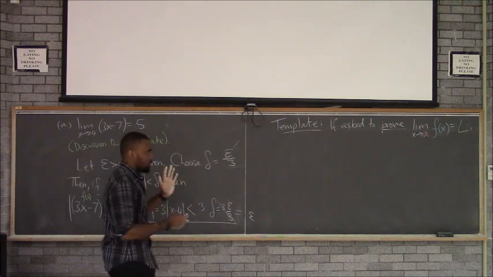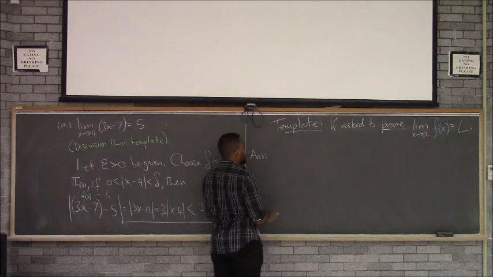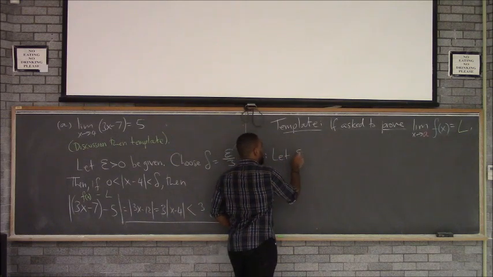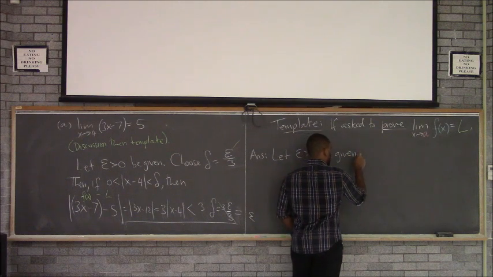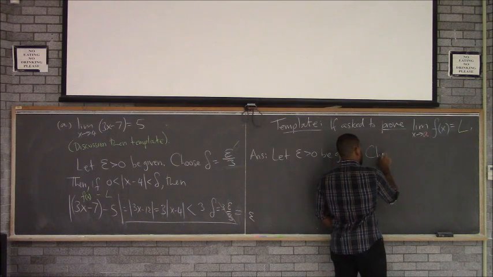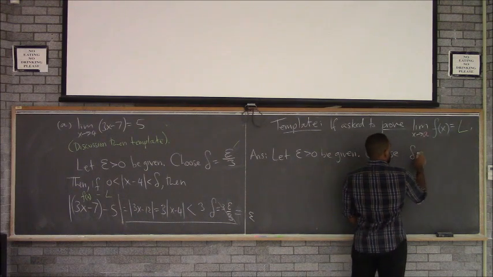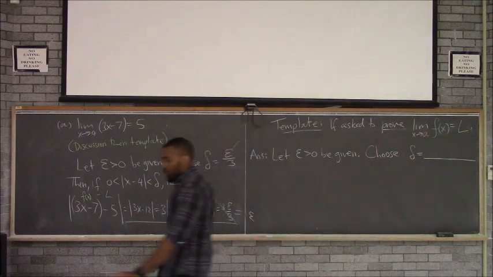Here's how your answer is always going to look. Answer. You're going to say, let epsilon greater than 0 be given. Full stop. The next thing you're going to write is choose delta equals blah.